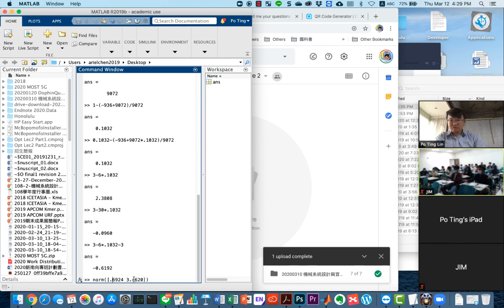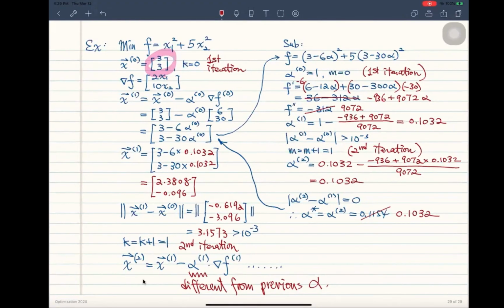The norm is 3.1573. Okay. So this will be different from the previous alpha, a different alpha. Okay.